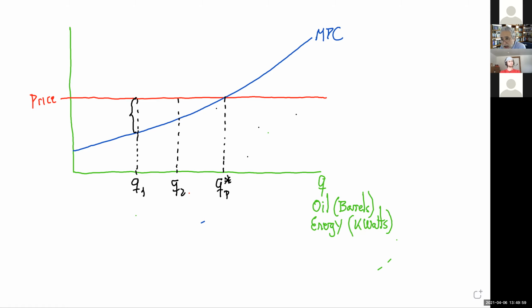But in Max's example, this producer, this oil company, is interested in producing Q asterisk private of barrels of oil to maximize its profits. So far, so good. That is the solution of the market.